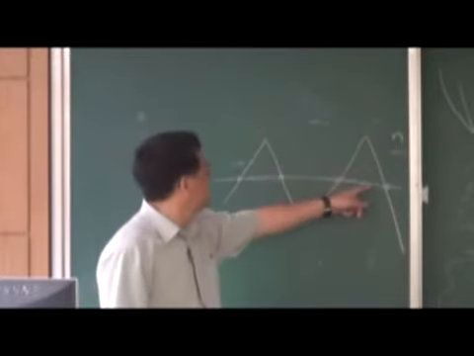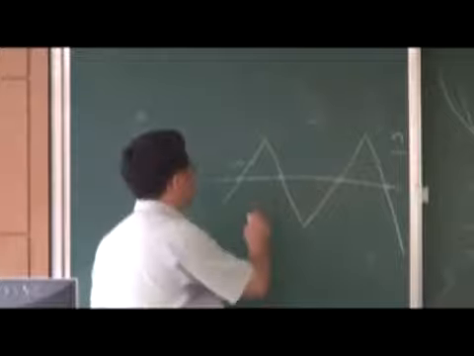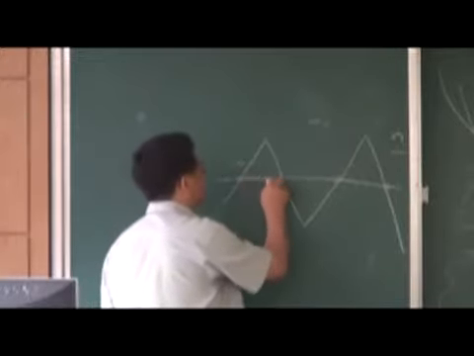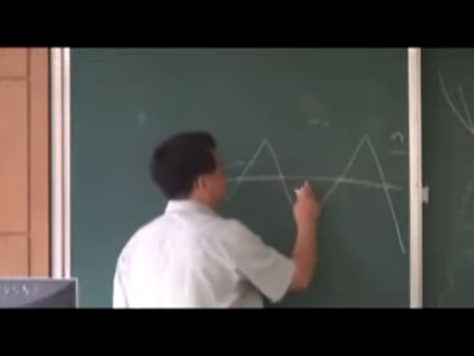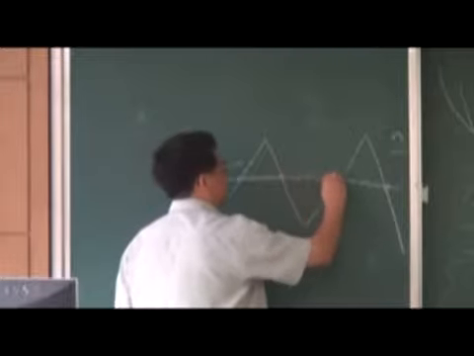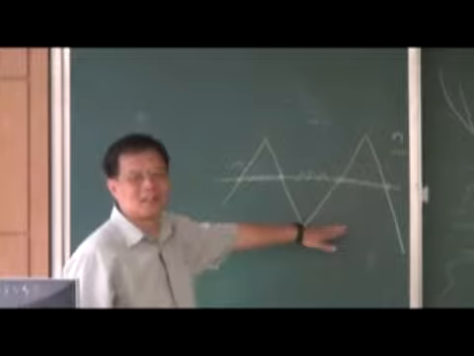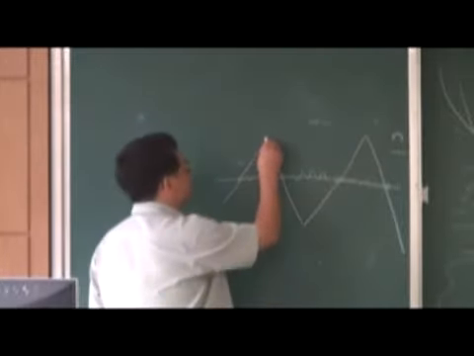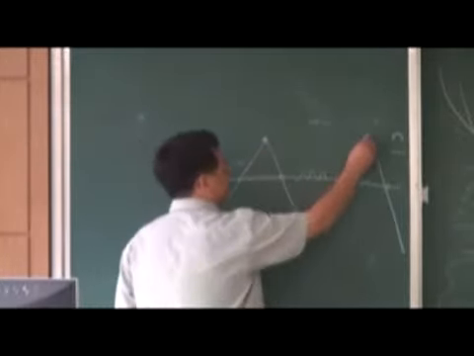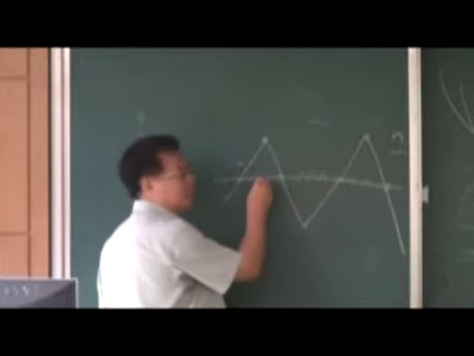If this is gamma, this is the interior of the region, and this will be the exterior of the region. This is the signed distance function. This function has a singularity in the middle of the region, right?